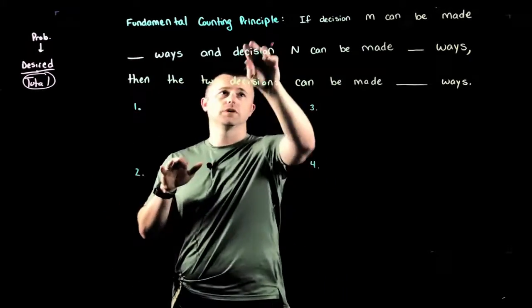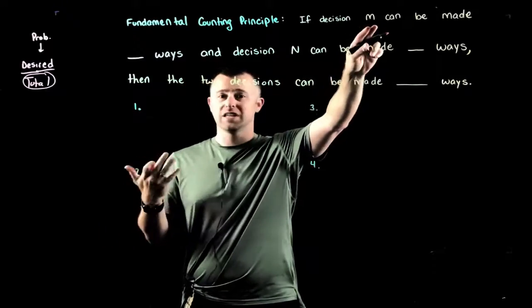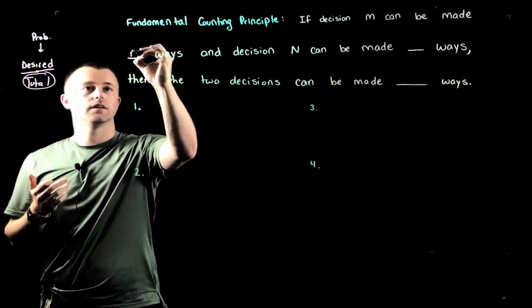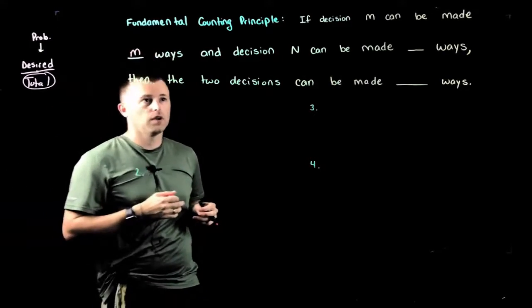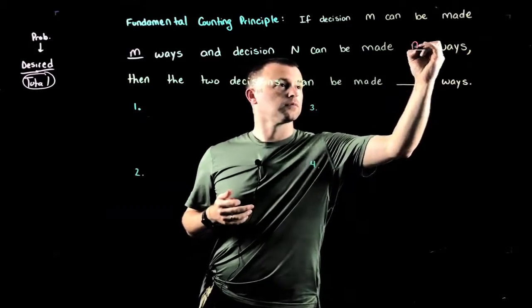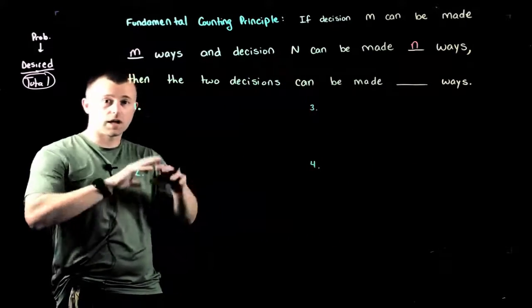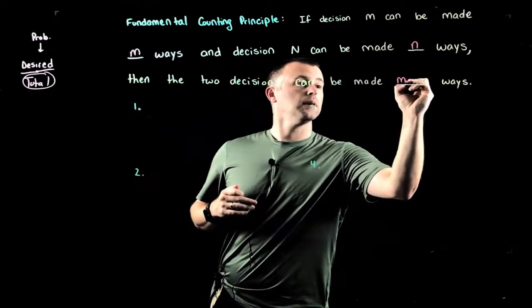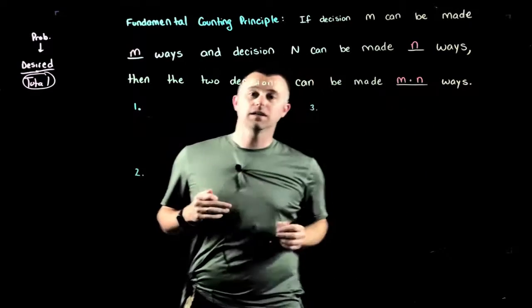Your fundamental counting principle says if decision M can be made M ways, and decision N can be made N ways, then the two decisions together, combined, can be made a total of M times N ways.